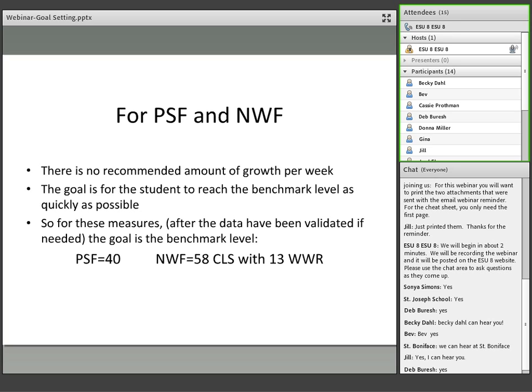For nonsense word fluency, you can see that we have 2 standards. So it's 58 correct letter sounds and 13 whole words read. So we'd be looking at both of those things for nonsense word fluency. And we will go through some examples for goal setting with nonsense word fluency today also.